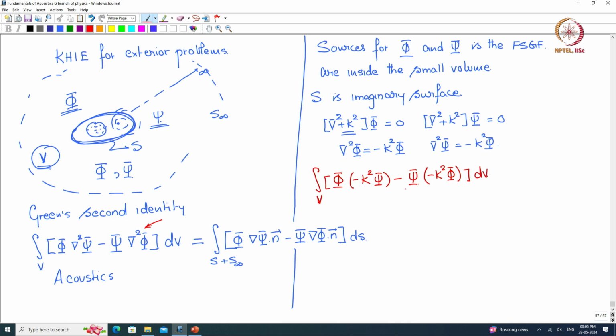Now this is equal to 0, because these two terms cancel. As a result, now I have this combined thing of integration over this surface and the surface at infinity of phi del psi dot n minus psi del phi dot n ds equal to 0.